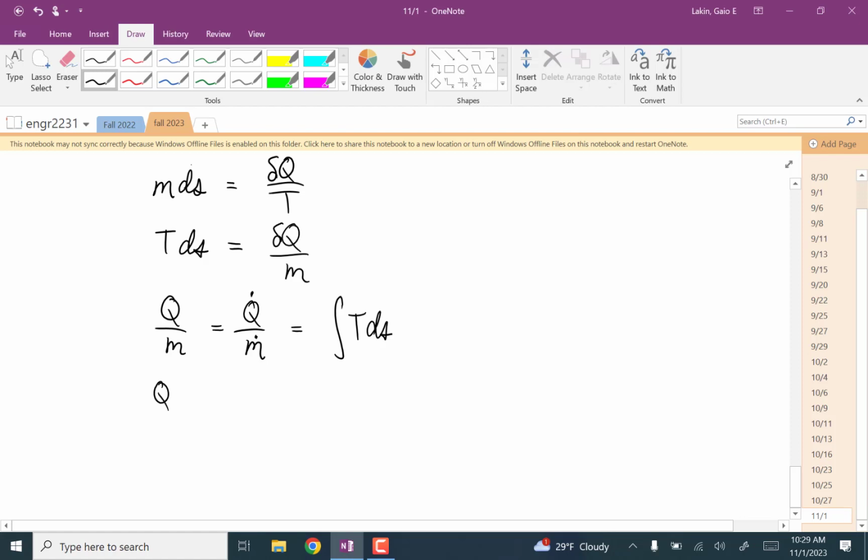And so q dot over m dot is equal to the average temperature times the change in the specific entropy. Okay, so we have this result.